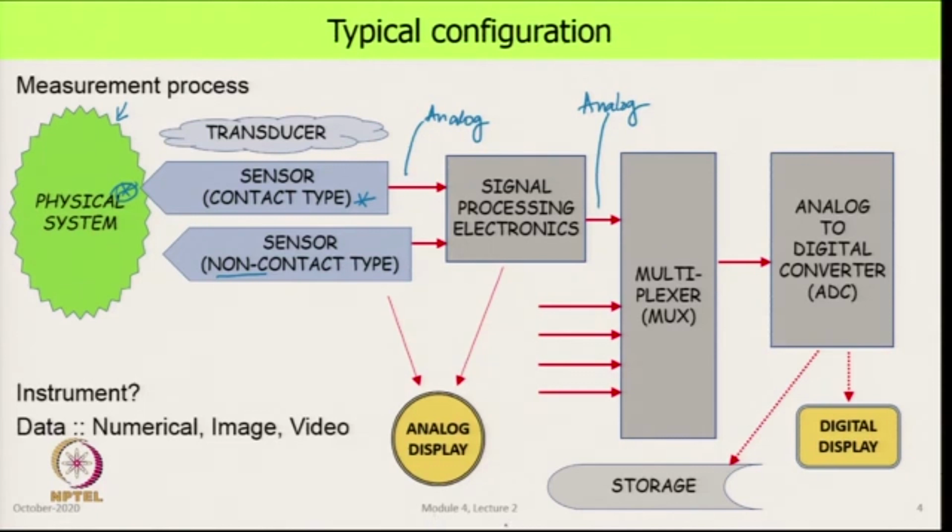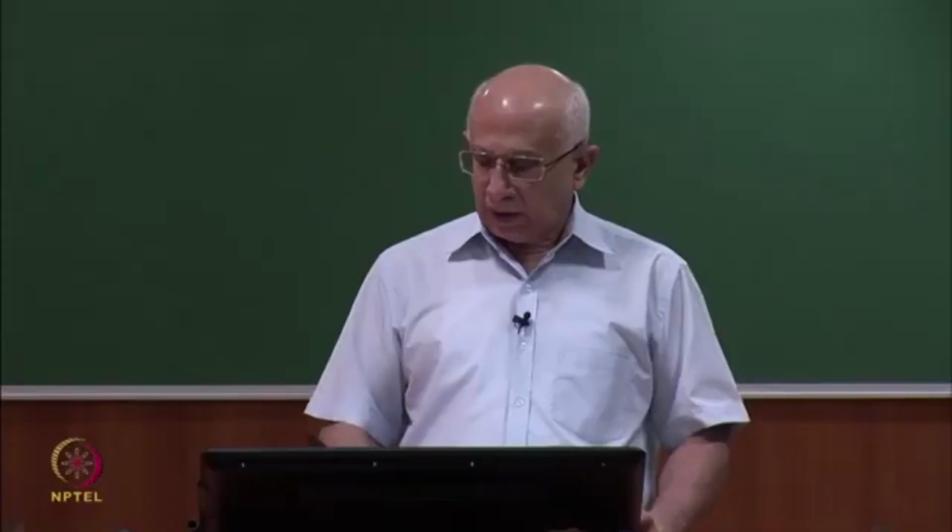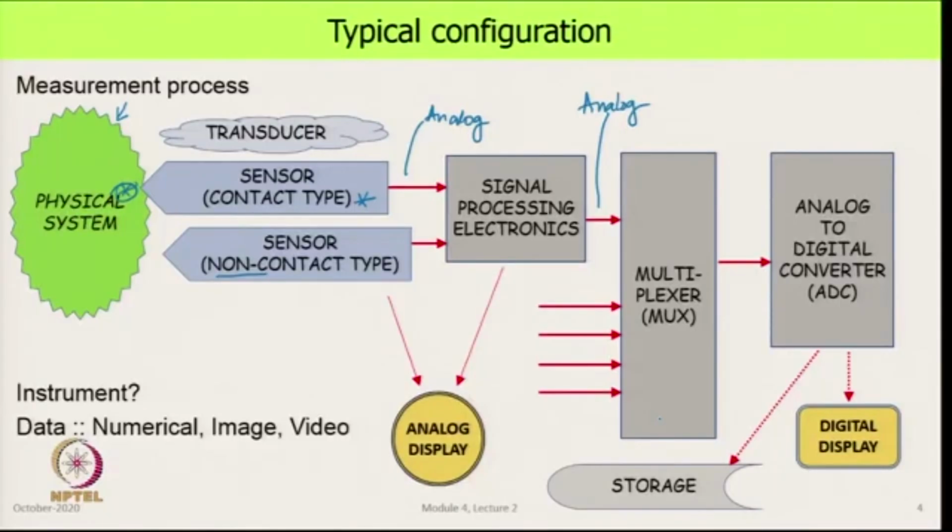But when there are more than one instruments which are being read, then we have to have a multiplexer. And what it does is, it takes inputs from say this instrument here, we can call this number 1, then it takes input from another instrument number 2, number 3 and so on, as many as its capability is, the physical capability.